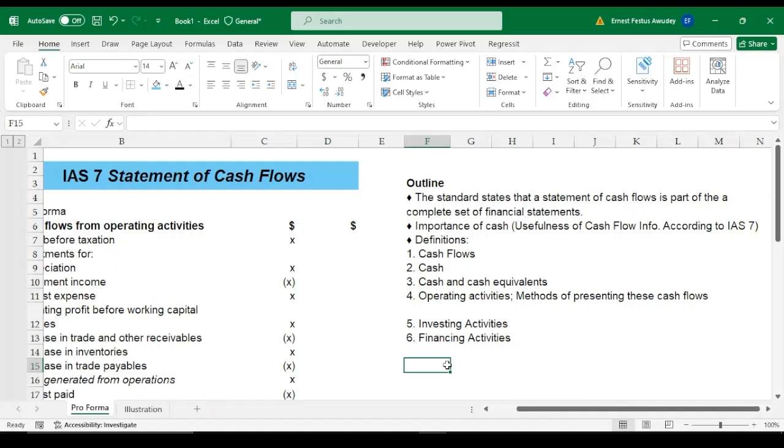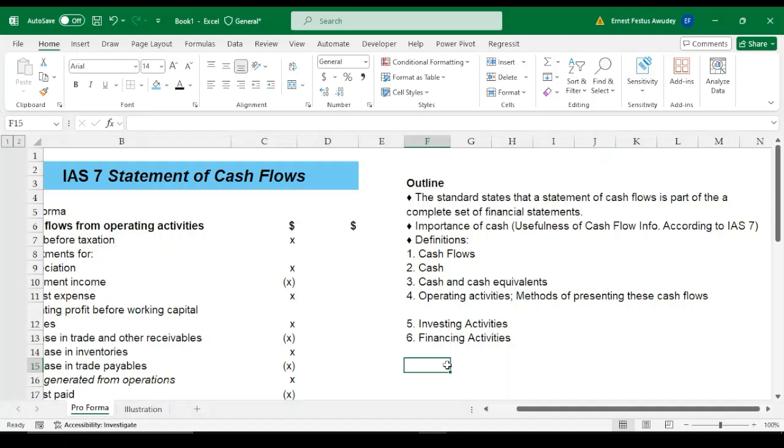All right, as much as the other statements are also important, the cash flow statement is more important than the others because the firm ultimately needs their cash position, the changes in this cash, so that they will know how to determine their investing and financing activities. All right, or even to finance their operations. So that is how important the cash is.